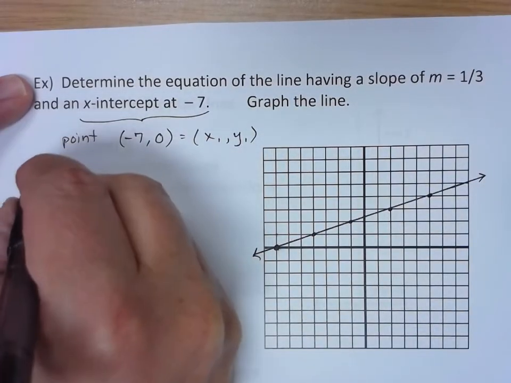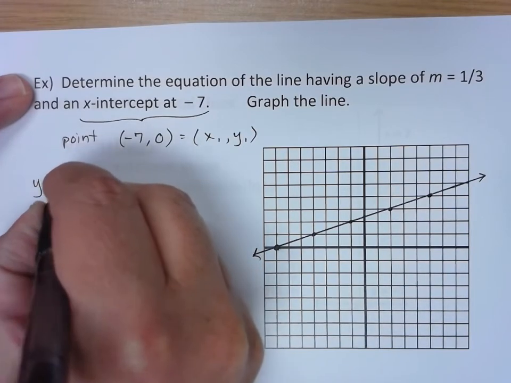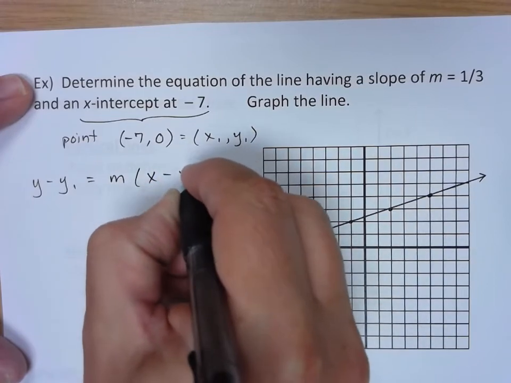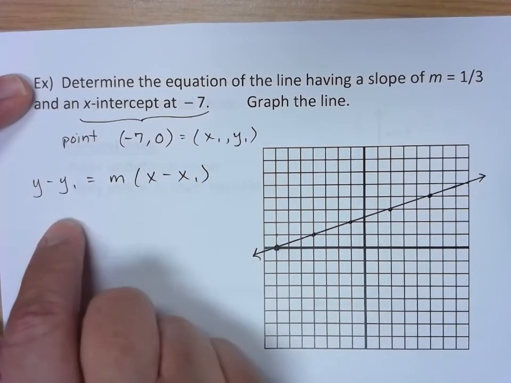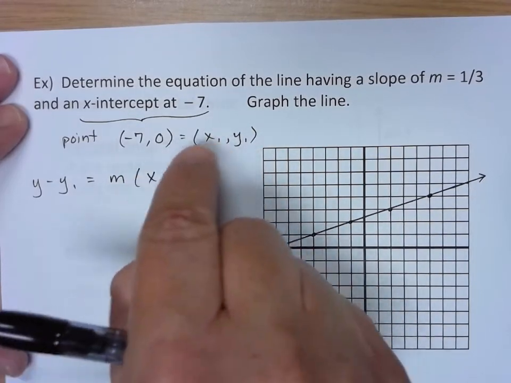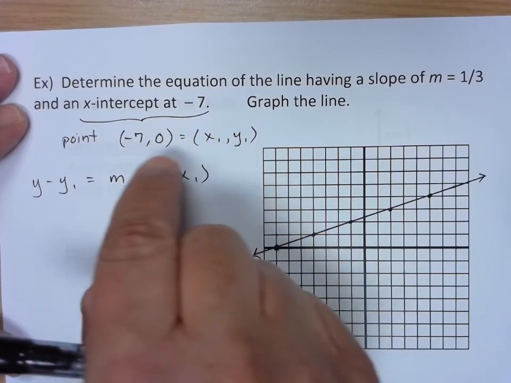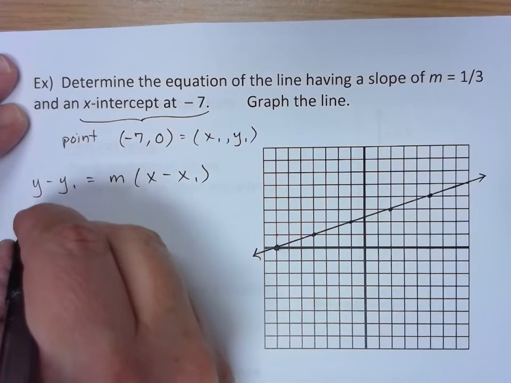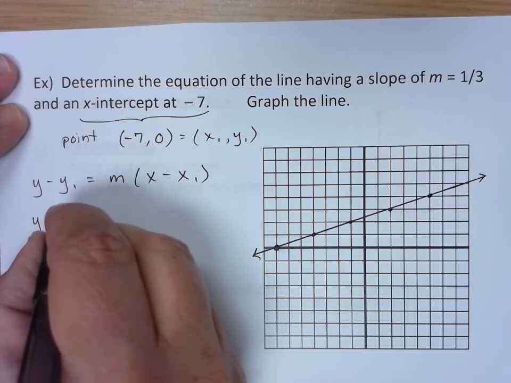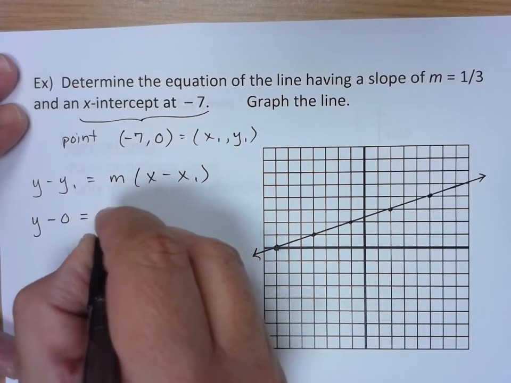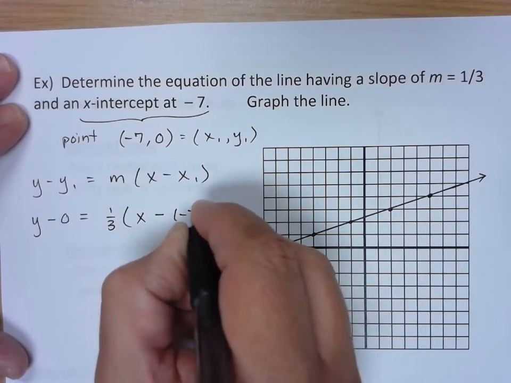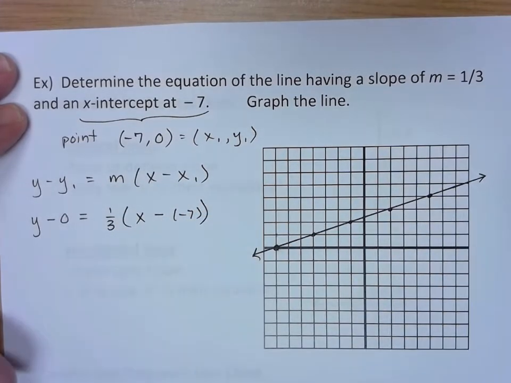So to start the point-slope formula process, copy it down here for reference. We're going to use the y1 is 0 and the x1 is -7 and the m value of 1/3. So if I plug everything into the point-slope formula correctly, it looks like that to begin with.